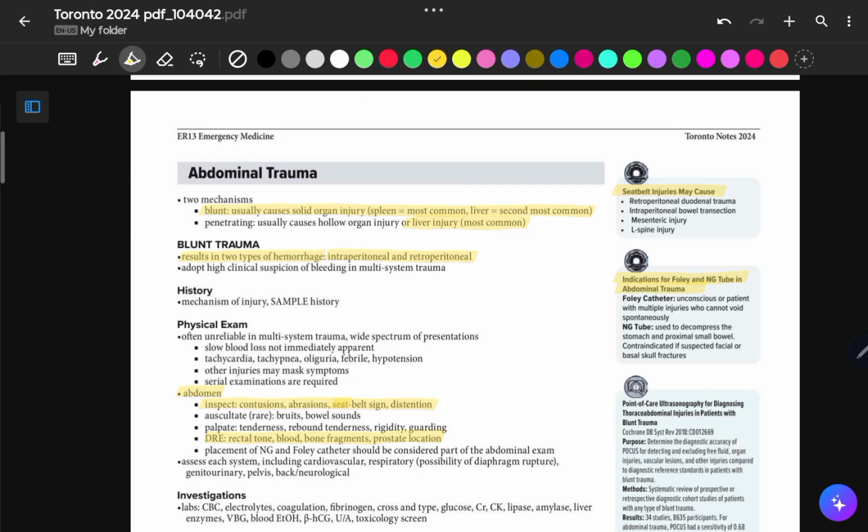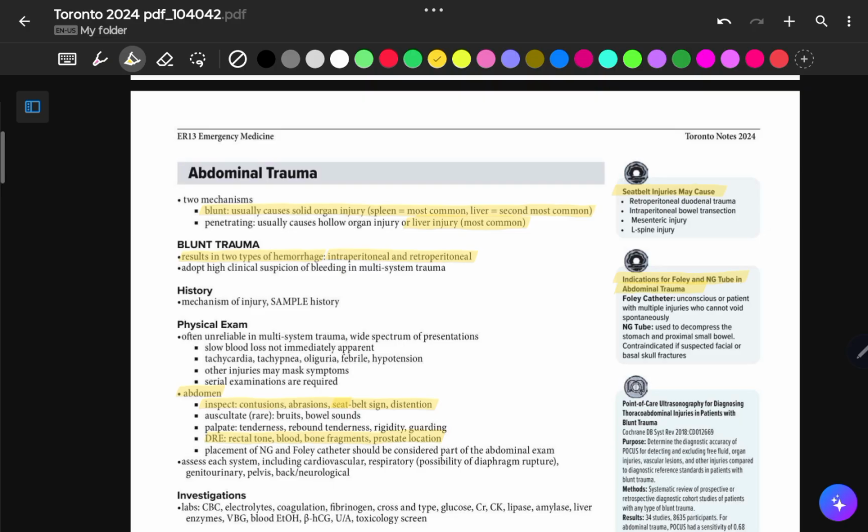Blunt trauma results in two types of hemorrhage: a patient involved in blunt trauma will present with intraperitoneal and retroperitoneal hemorrhage. So be careful. If you can't find anything intraperitoneal, make sure to always look retroperitoneal. So always have a high index of suspicion.